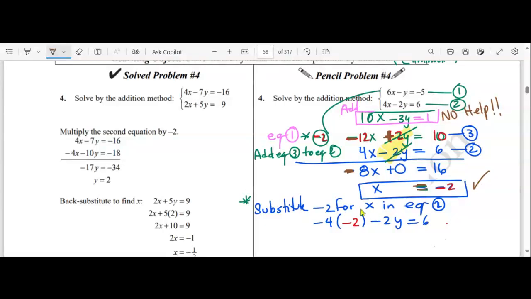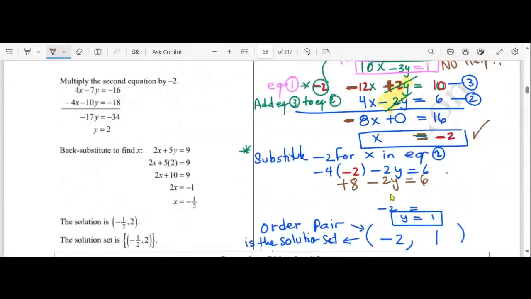Yeah. Now substitute -2 for x in equation number 2. So every time you see x, replace it with -2. -4 times -2, how much? Positive 8. Minus 2y equals what? 6. Now I have to move the y to where? On its own side. Right. So let's move the 8 to the other side. 6 minus 8.